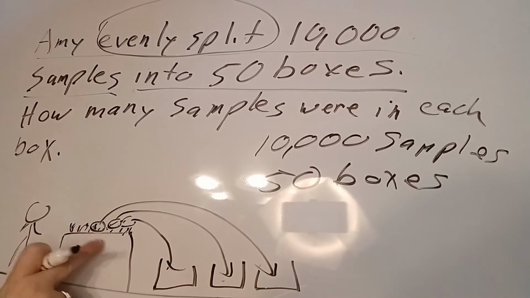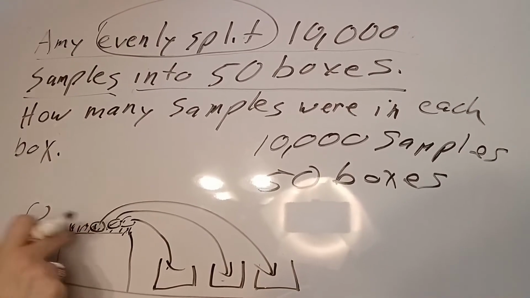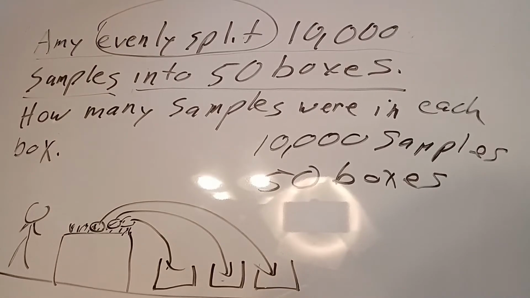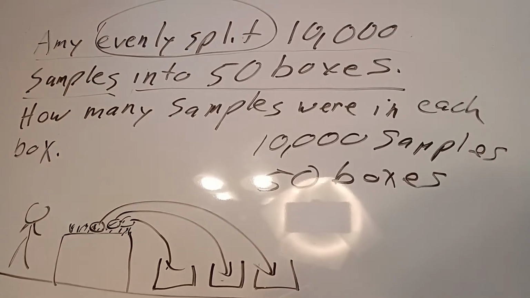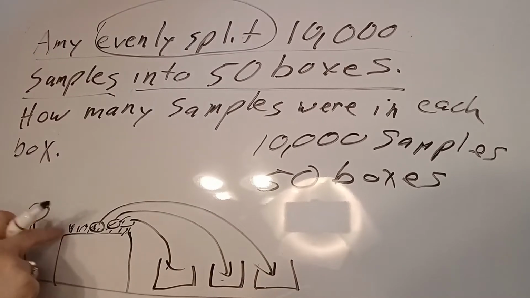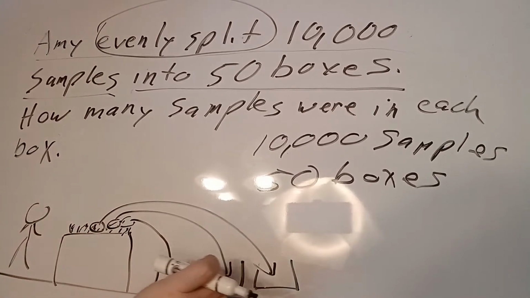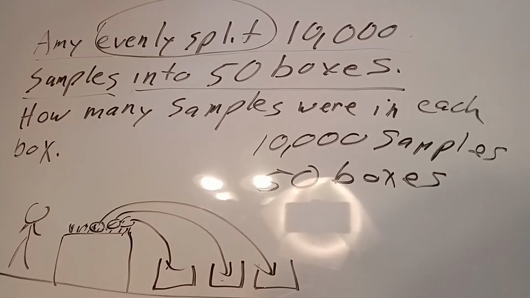We're dividing the pile of samples and putting some in each box. In order to figure out whether you're adding, subtracting, multiplying, dividing, whatever, you need to look for what is going on in the problem. In this case, what's going on is taking a pile of things and separating them into different groups, all the same size. That's pretty much the definition of dividing.